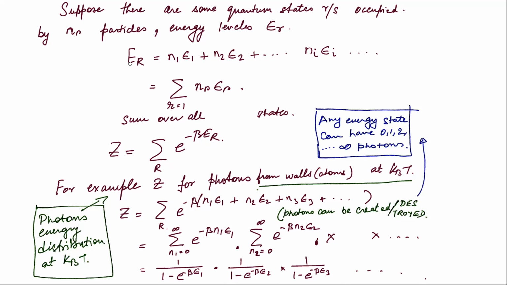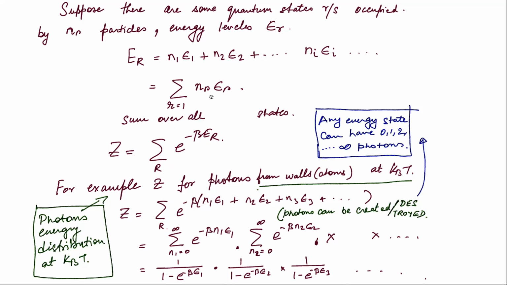So if there are n1 particles with energy epsilon 1, n2 particles with energy epsilon 2, and so on, and n_i particles with energy epsilon i, then the total energy of the system can be written as the sum over R, with the energy level starting from 1 and ending at the total number of energy levels, or different quantum states.